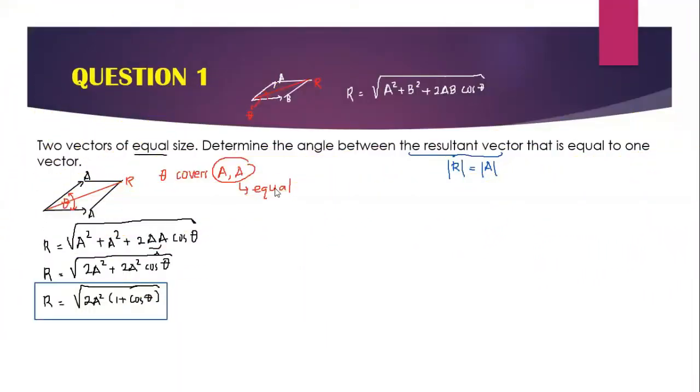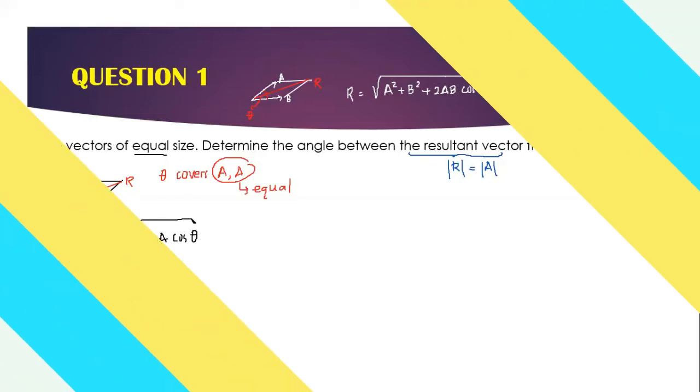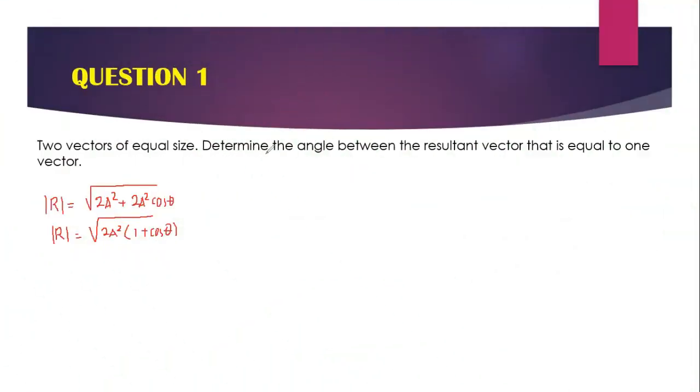Next, the magnitude of R equals the magnitude of A. Determine the angle such that the resultant vector is equal to one vector, let's say A, right?